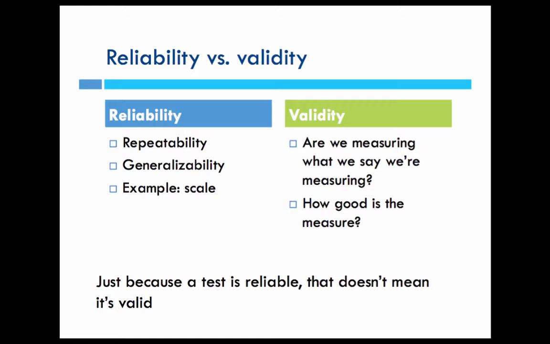In terms of validity, if we have a valid scale, we're measuring what we say we're measuring, and we need to know how good the measure that we're using is in order to answer the question that we're looking for. One thing to keep in mind is that just because a test is reliable does not mean that it is a valid test.